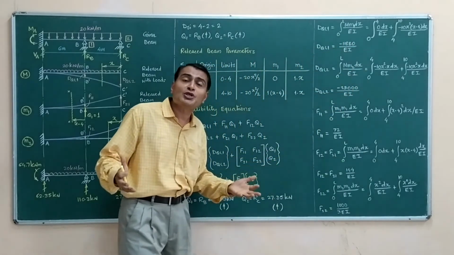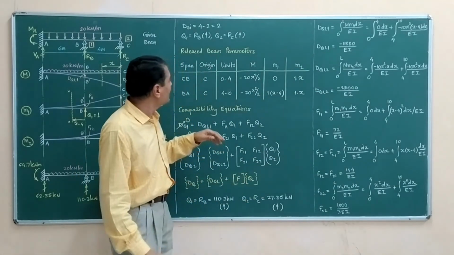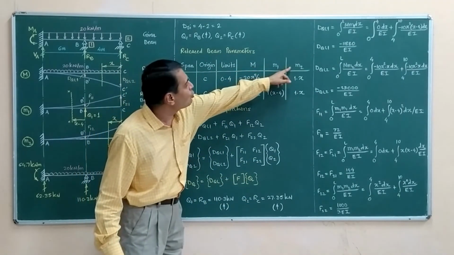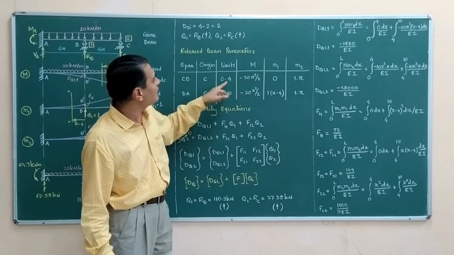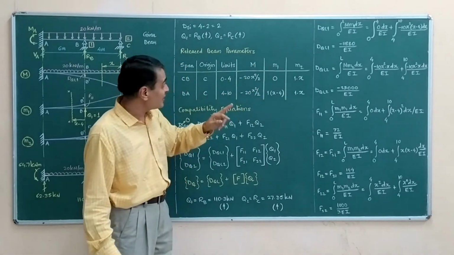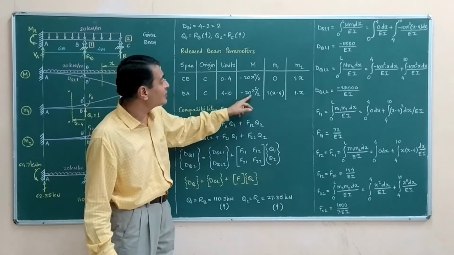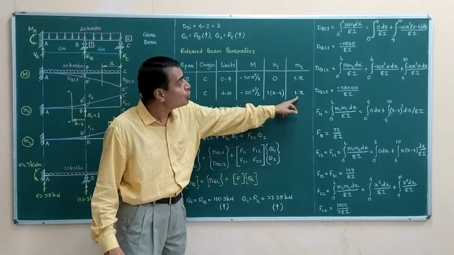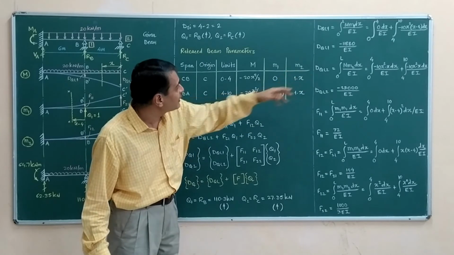So again I substitute carefully from my table. It is M into M2. So it is going to be integral 0 to 4 this into this plus integral 4 to 10 this into this, M M2. So you can observe that is what I have written here.